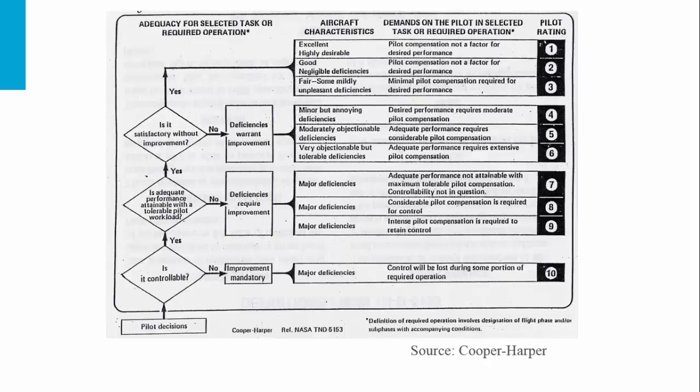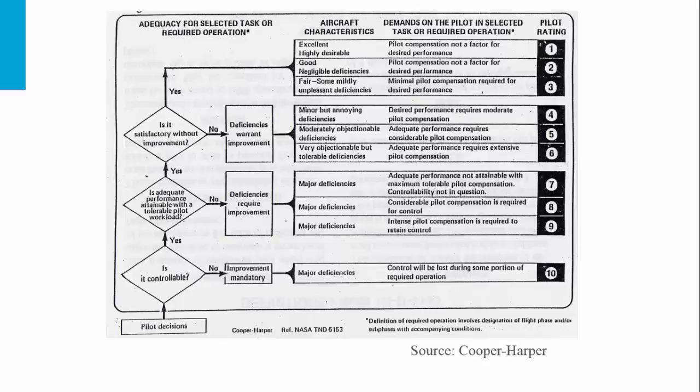Namely, if a pilot is flying a task and gives a rating of 1, 2 or 3, we are in level 1 handling qualities. Level 1 means that the aircraft is satisfactory without improvements. If we are in 4, 5, 6, we are in level 2 handling qualities. In level 2, we still achieve adequate performance, but the pilot needs to use compensation in the given controls.